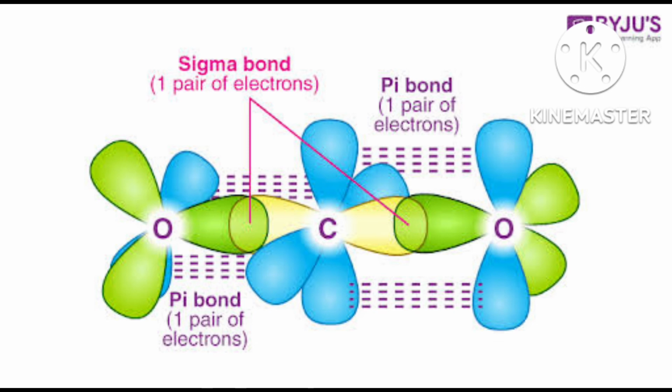Both have one electron, hence both will overlap. After overlapping, s orbital plus s orbital mix and one common place is formed, in which both electrons come. That is called overlapping, this is s-s overlapping. After overlapping, the shape will change a little.